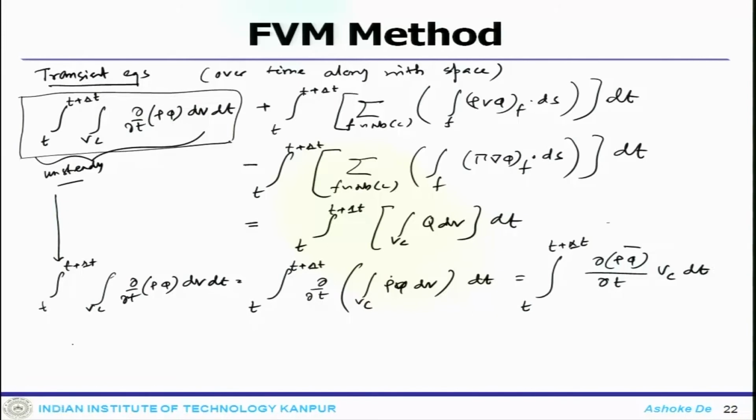Now, we have already seen the mean value approximation for this. So, this is nothing but rho phi dV, which we can write as a second order accurate system. So, that is the mean value approximation that we have seen.